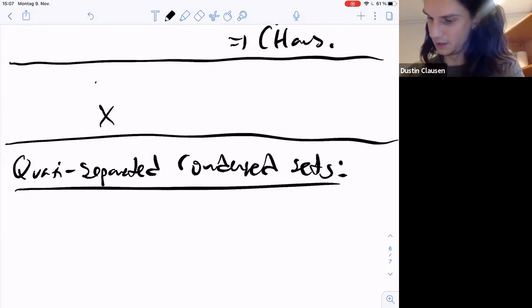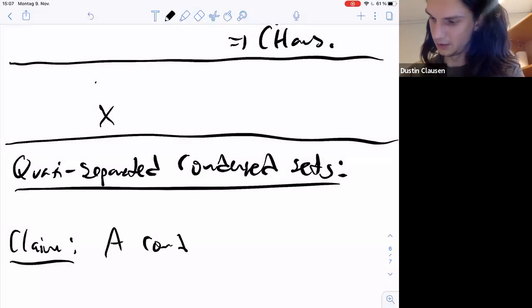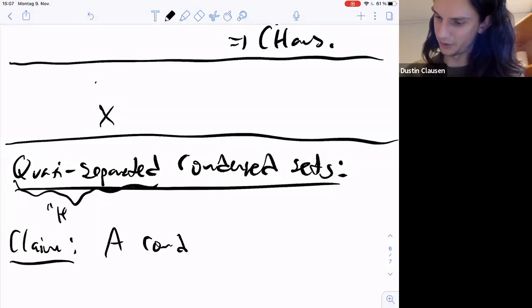Here the claim is about a condensed set. You should think of quasi-separated, by the way, as just some fancy way of saying Hausdorff. It's very similar to Hausdorff in the topological context.